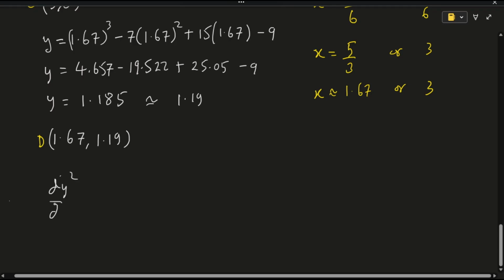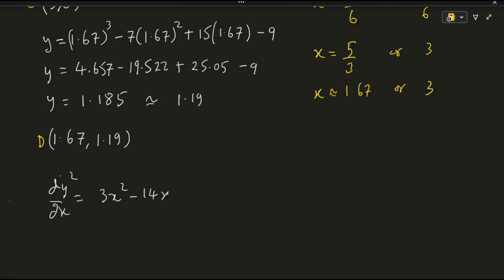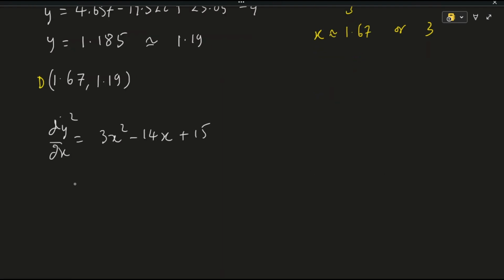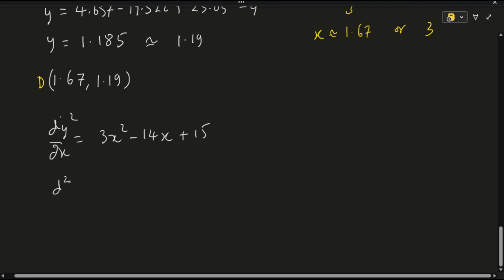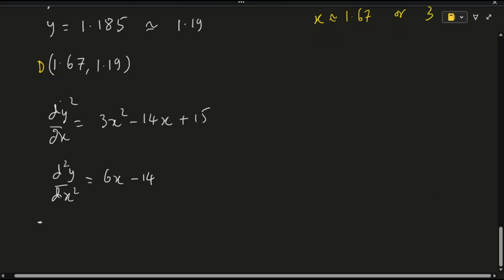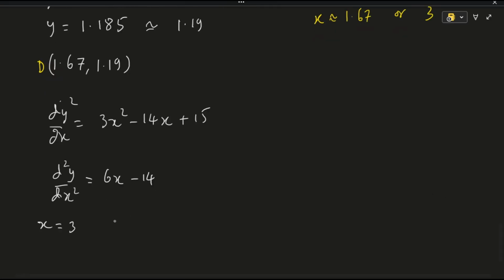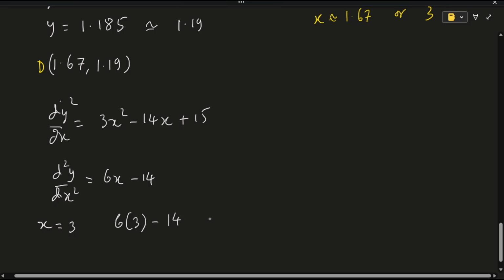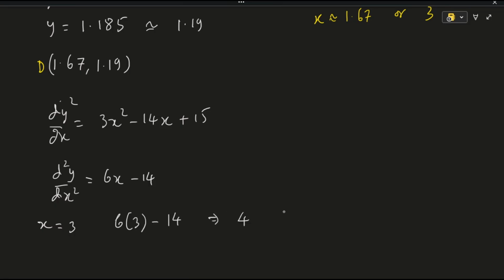So dy dx is given by 14x plus 15. And so the second derivative is given by, so when x is equal to 3, we have, should give us 4.